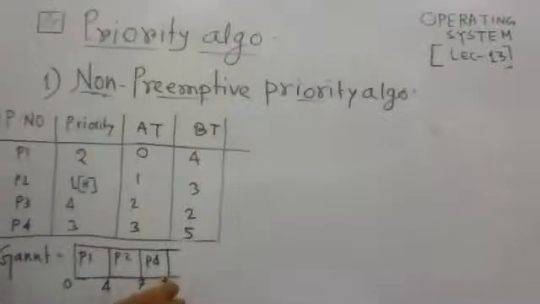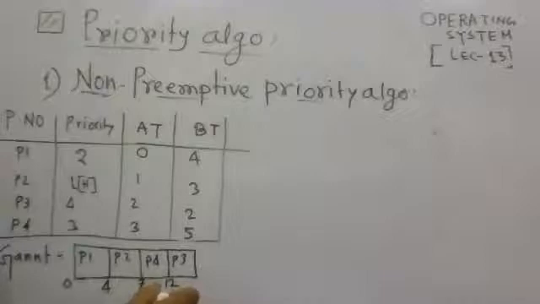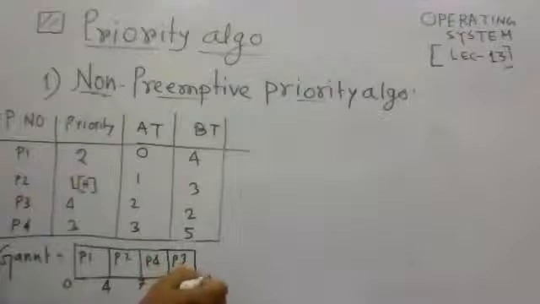So the next time bound should be 7 plus 5, that is 12. So P4 terminated. After that we have only one process in the ready queue, that is P3. We assign P3 next, and the burst time of P3 is 2, so the next time bound should be 12 plus 2, that is 14. So this is our schedule chart or Gantt chart.